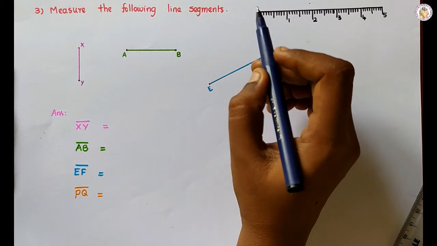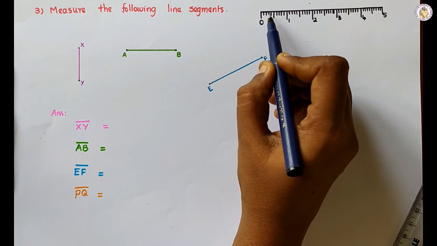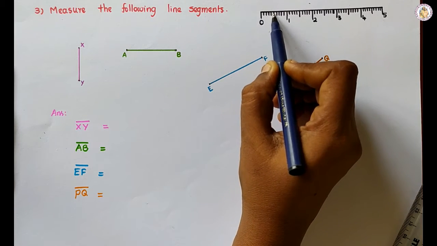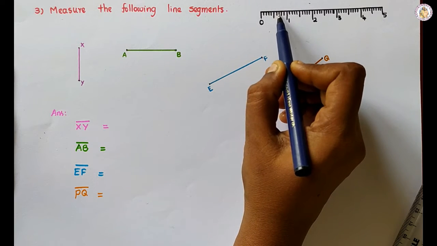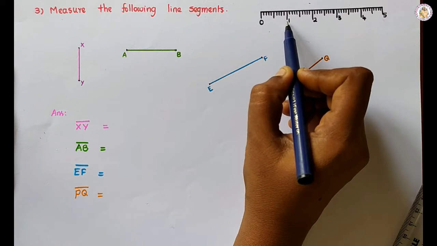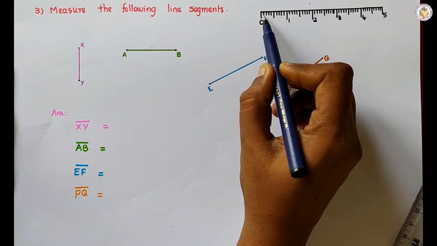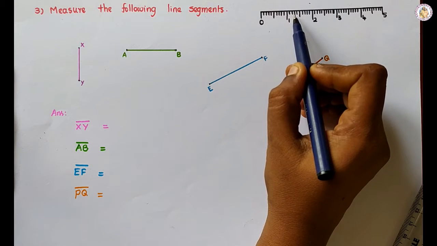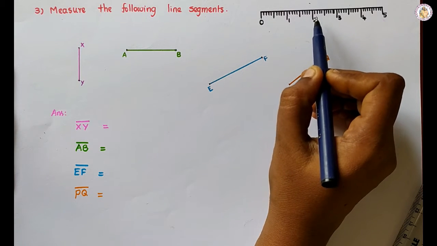That is millimeters. 0.1, 0.2, 0.3, 0.4, 0.5, 0.6, 0.7, 0.8, 0.9. Next 1 centimeter. So 1 centimeter equals 10 millimeters. After 1, 1.1, 1.2, 1.3, 1.4, 1.5, 1.6 and then 2, like that.